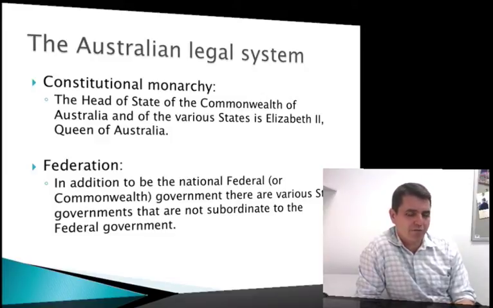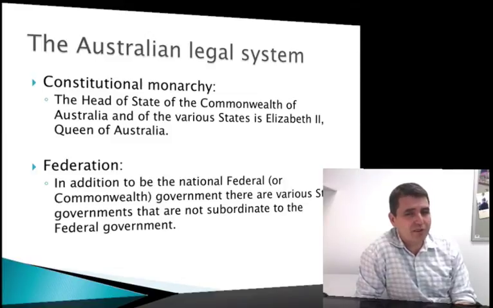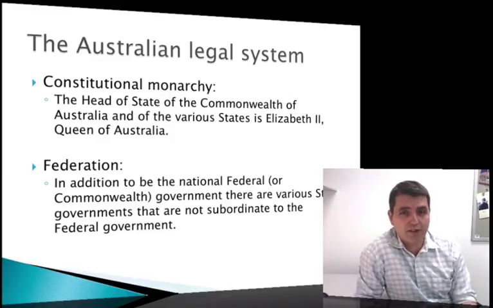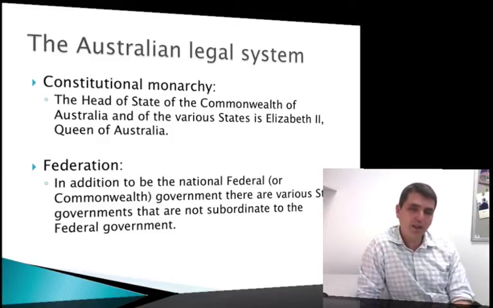So while we have, in some senses, this independent person on top who's appointed by the Queen, that person's recommended by our government. So for all intents and purposes, we are governed through a democracy, even though we have a monarch as our head of state. And that's different to an absolute monarchy, which we have in some countries, where the king or queen actually reigns and actually does make the decisions.